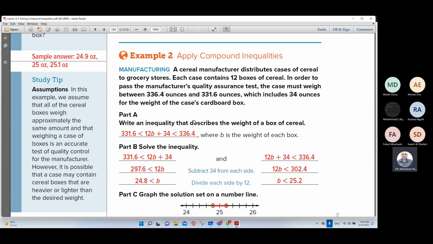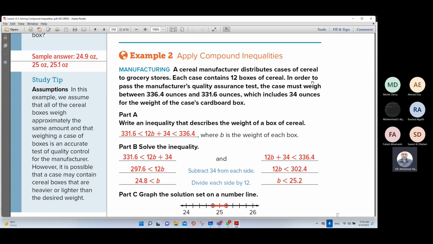Apply compound inequalities. A cereal manufacturer distributes cases of cereal to grocery stores. Each case contains 12 boxes of cereal.